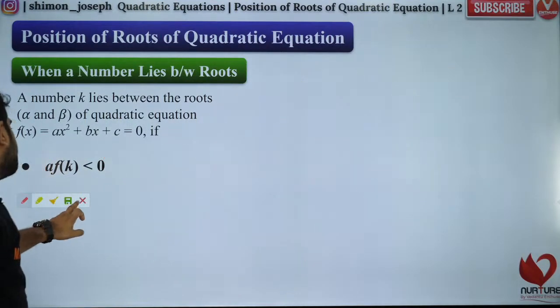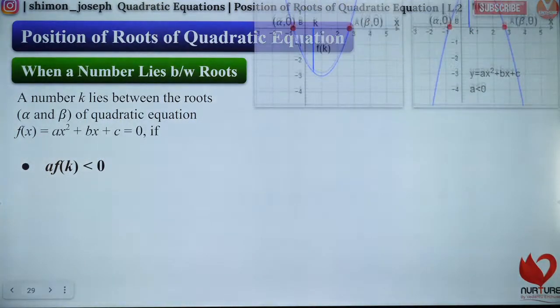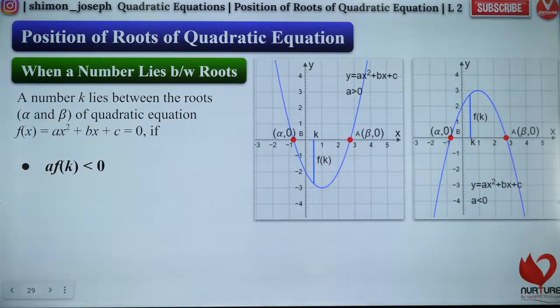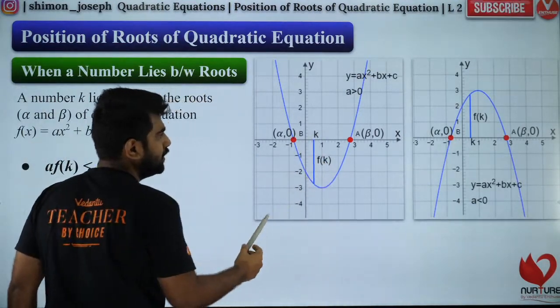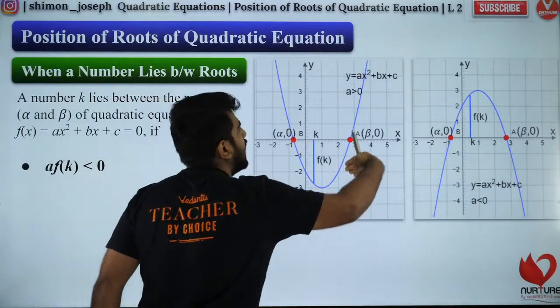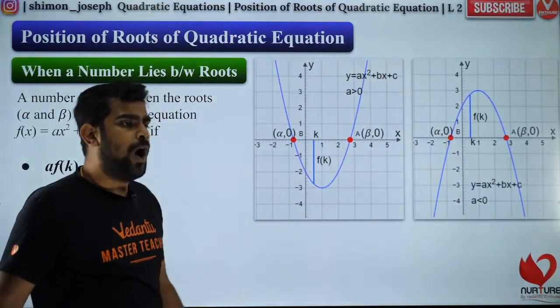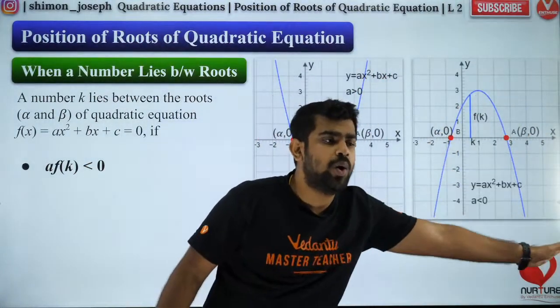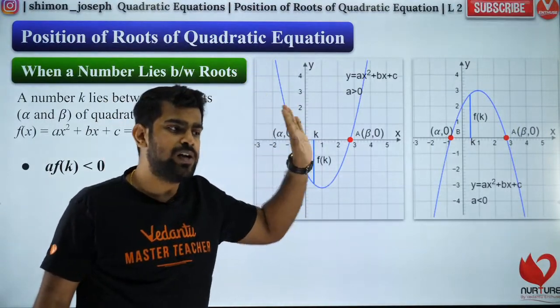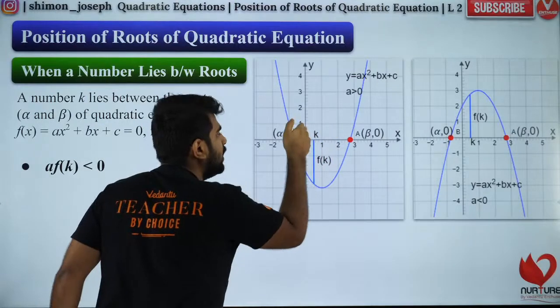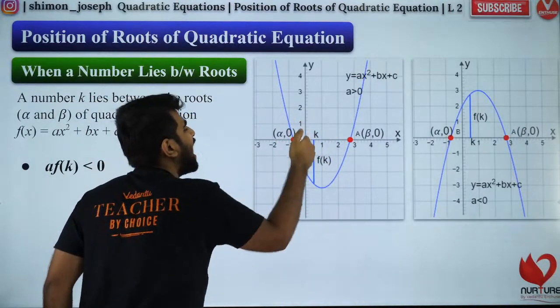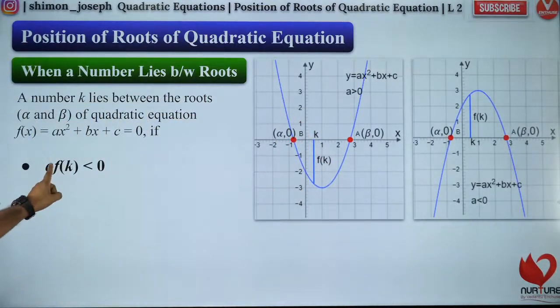So that is the condition which you need to know for both the roots. Both the roots have a number k in between them. So it can be an upward opening parabola or a downward opening parabola. Are you all clear? But they want to have a number k in between them. So if a number k has to be in between them, this is the condition which has to be satisfied.